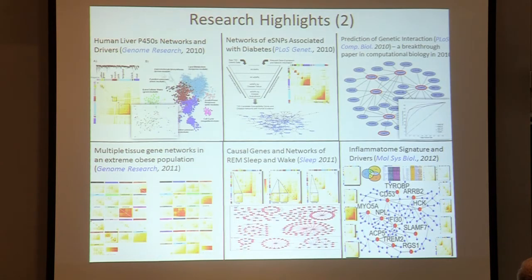After that, we formally integrated the Bayesian and co-expression networks and identified a lot of new pathways and key genes in human liver, and an inflammatory signature which is common to many chronic inflammatory diseases.